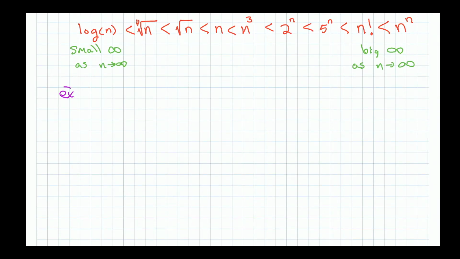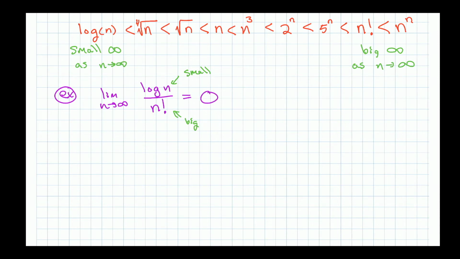So if I'm doing examples, the limit as n goes to infinity of log n over n factorial, all you have to do is go in your head, you don't even write it, well, that's small, it's on the left, and this is big, it's on the right.